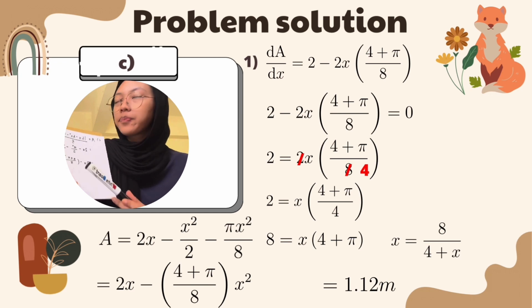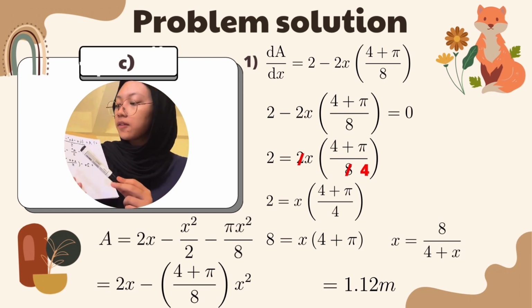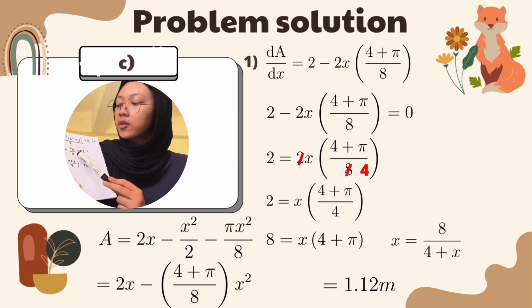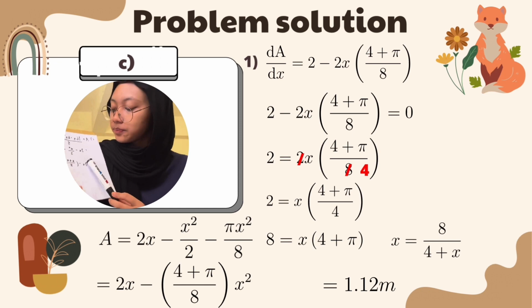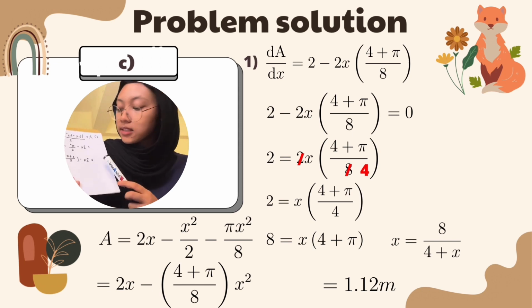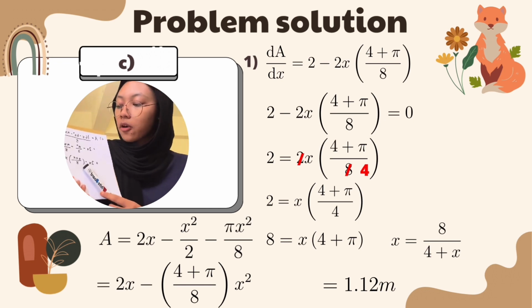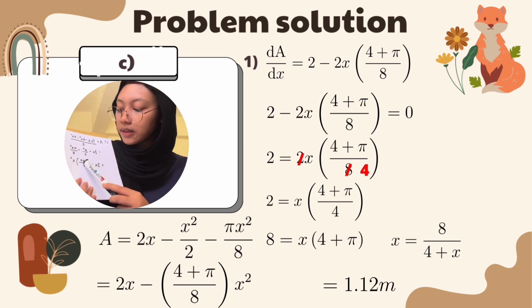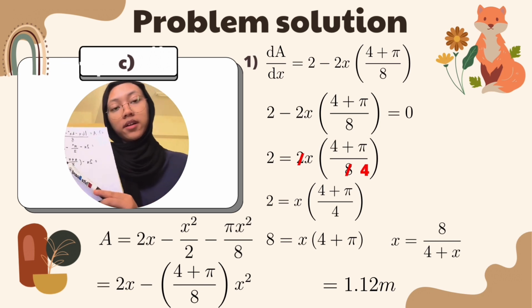So we're gonna multiply x squared over 2 with 4. So we're gonna get the same denominator. So we're gonna write it like this. It equals 2x minus open bracket 4 plus pi over 8 close bracket x squared.